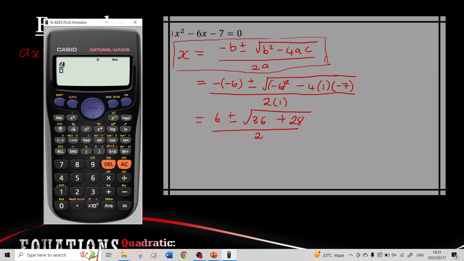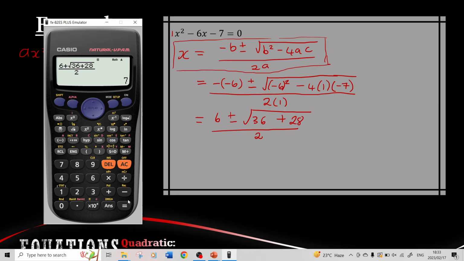Okay, now another thing, this plus and minus, a quadratic equation has 2 roots or 2 answers. And this plus and minus represents one root being 6 plus the square root, and the other root being 6 minus. You can start with any one. So we're just going to start with plus: 6 plus the square root of 36 plus 28, over 2.